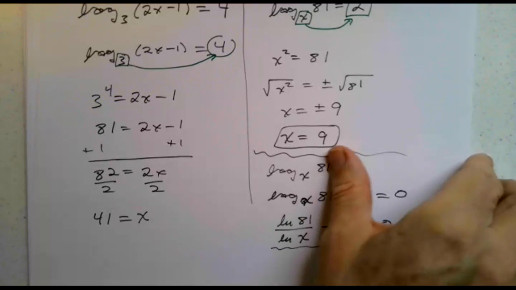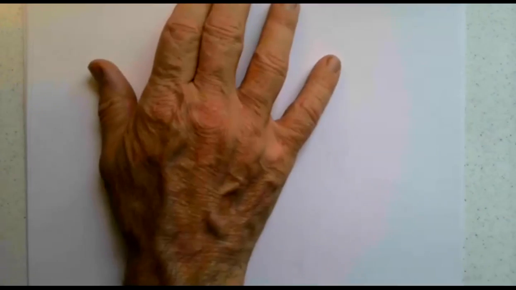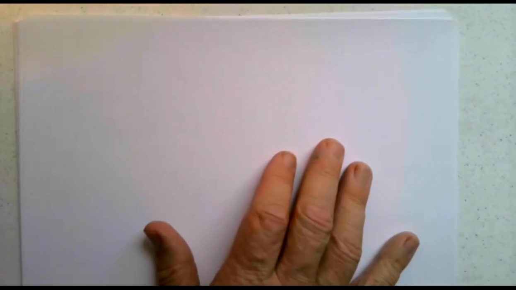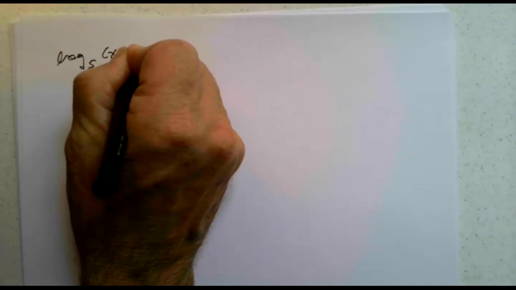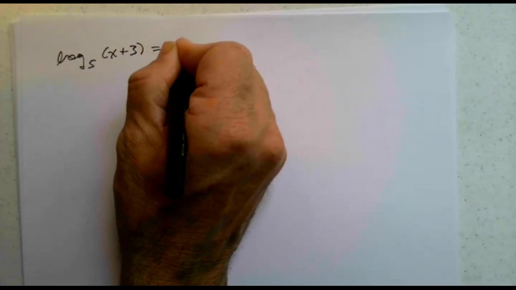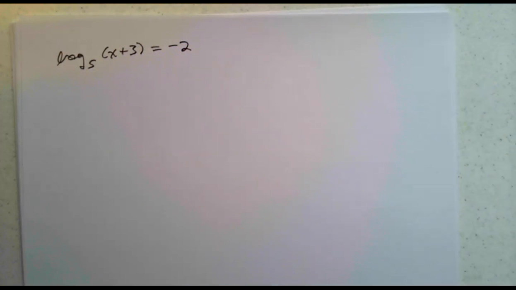Okay, I've got one more question to do here. Log base 5 of x plus 3 equals -2. So let's solve it algebraically first, then we'll check it with technology.